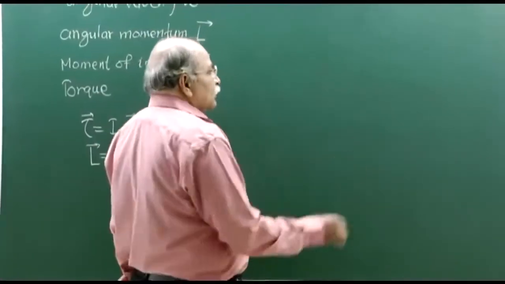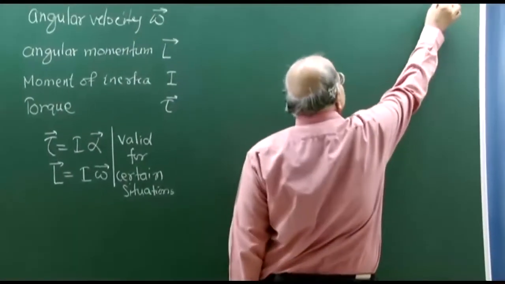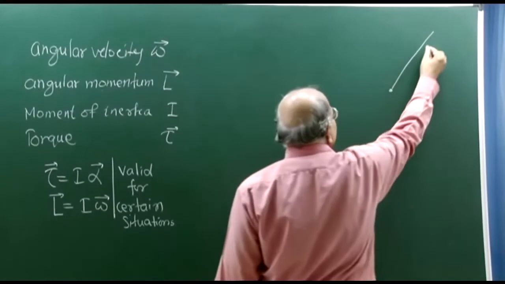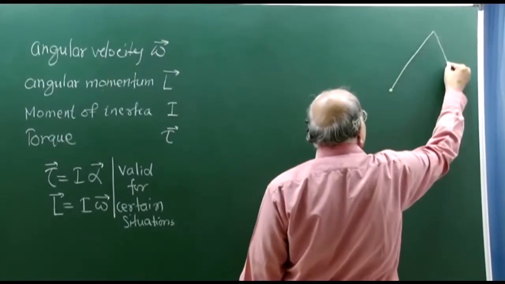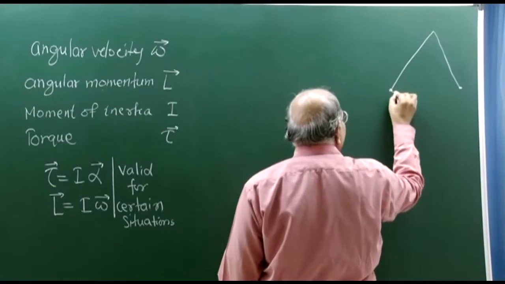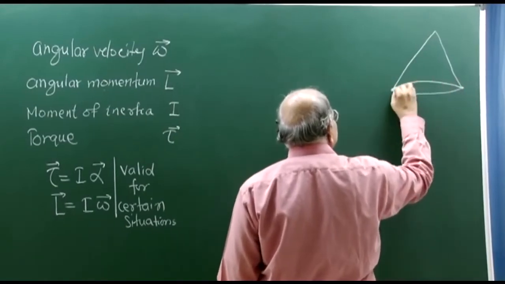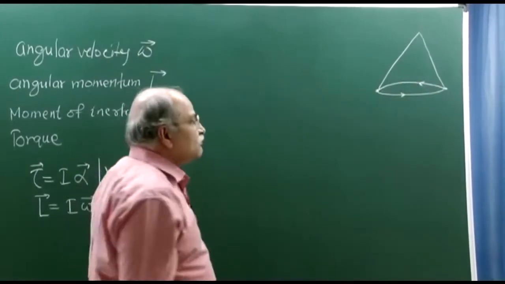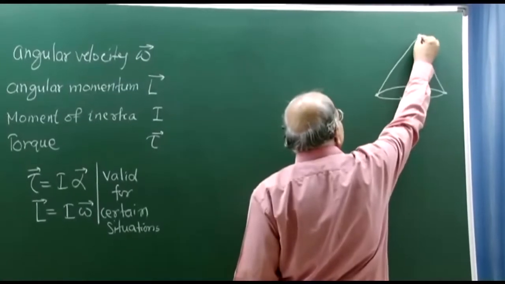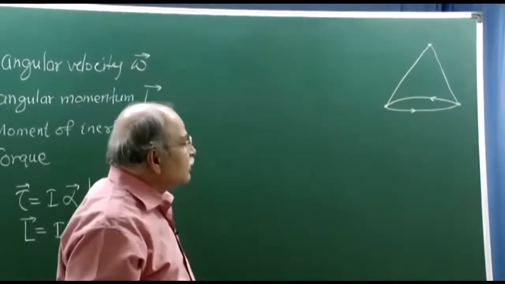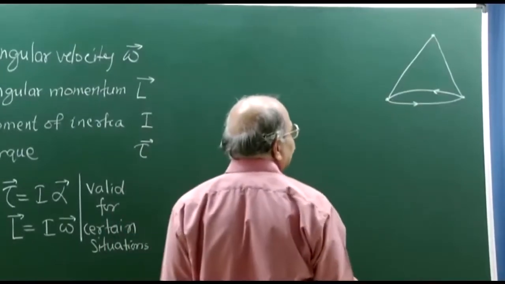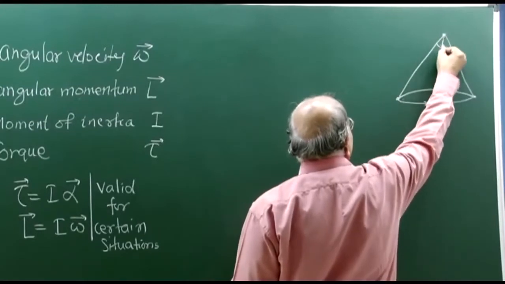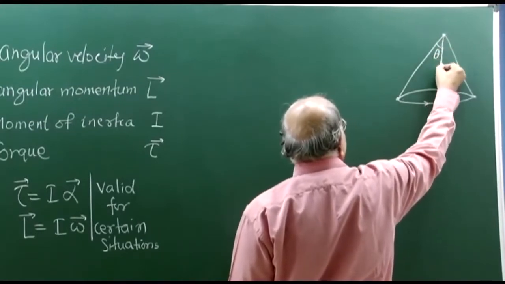So, the conical pendulum is like this: you can draw a picture, ball here, and then it goes in a horizontal circle, anti-clockwise as seen from above. This is the point where I had held the other end of the thread. This is the vertical axis, and the semi-vertical angle is theta.